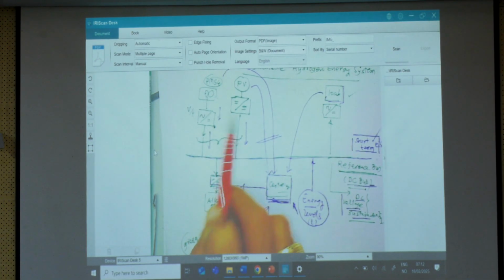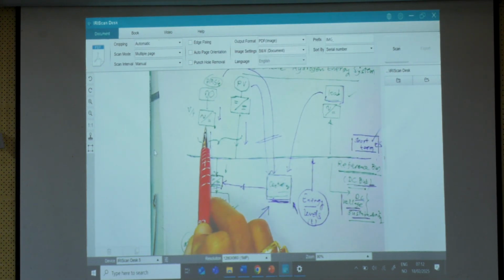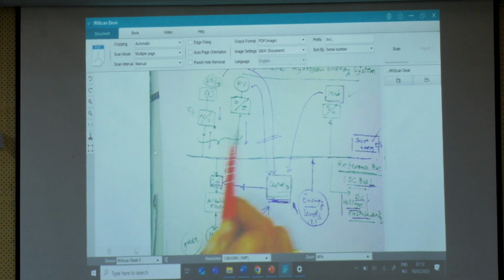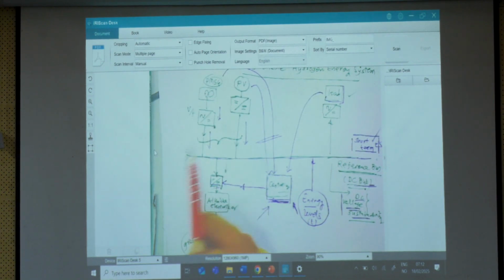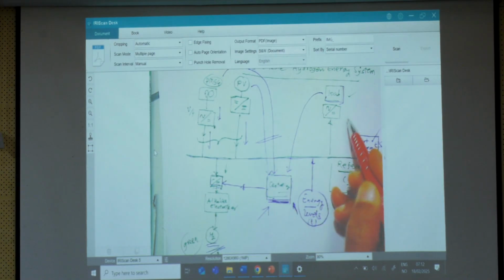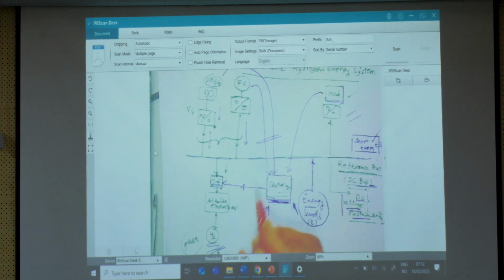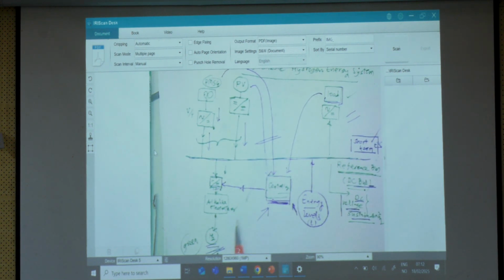If suppose the nature is not supporting us, and we are not able to get the appropriate sustainable energy output from these primary renewable energy sources, and we have more load, then of course we need to stop the operation of this alkaline electrolyzer.